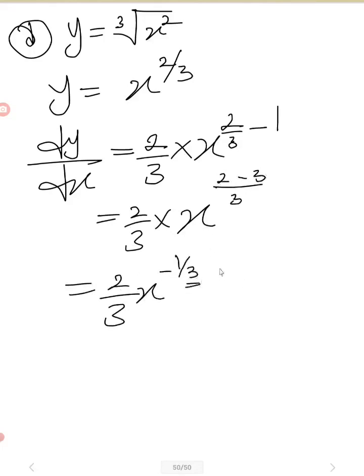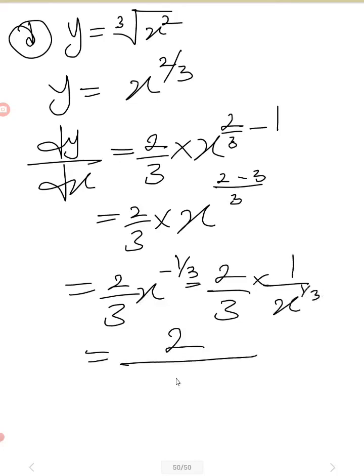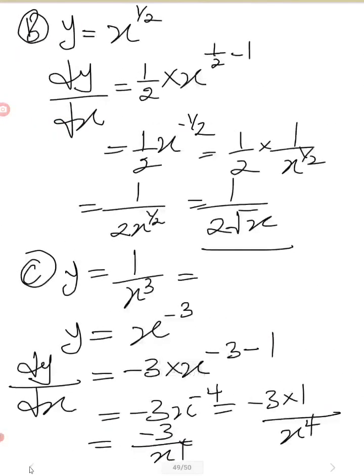So you can rewrite to have 2 over 3 times 1 over x raised to 1 over 3, which will be 2 all over 3 cube root x. That is just the value for how to apply the general formula.